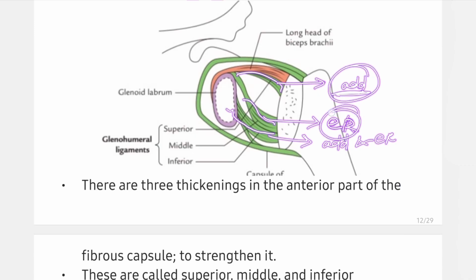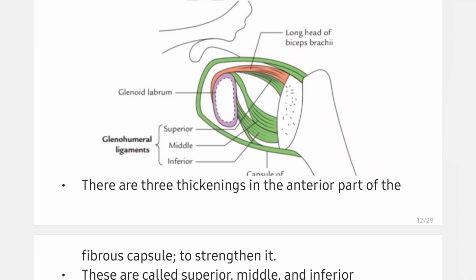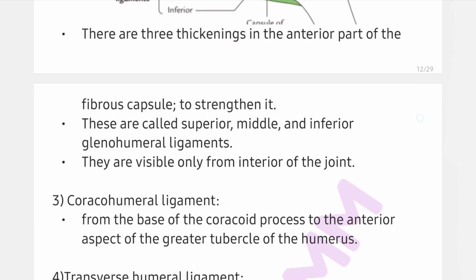If you have defect in superior and middle glenohumeral ligament, you will have anterior dislocation of shoulder.